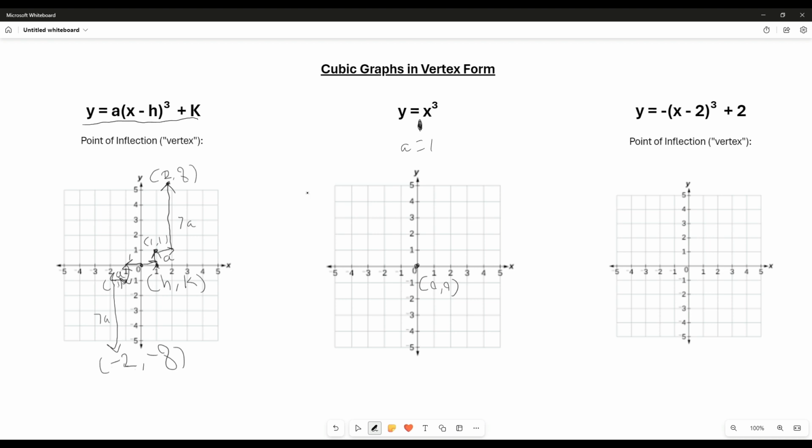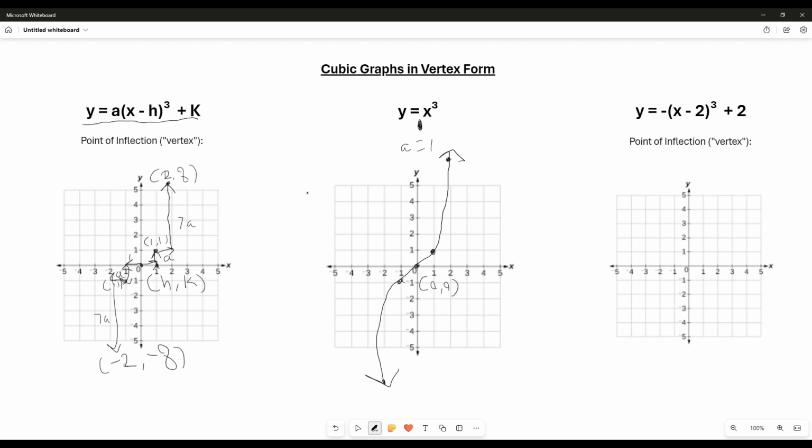You go over 1 and up a, so that'll put you at 1, 1. Then you go over 1 and up 7a, that'll put you at somewhere up here. Do the same thing on this side, and you get a graph that looks something kind of like this. That is going to be what your most basic cubic graph looks like.